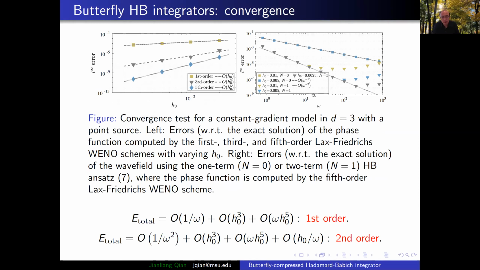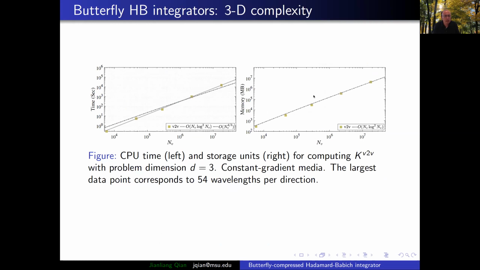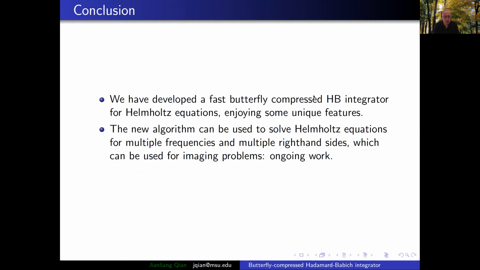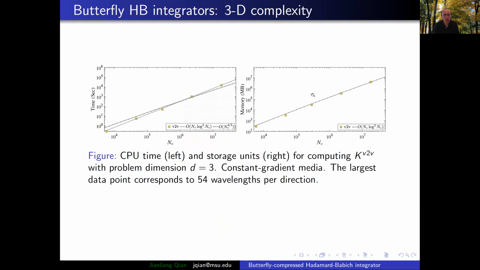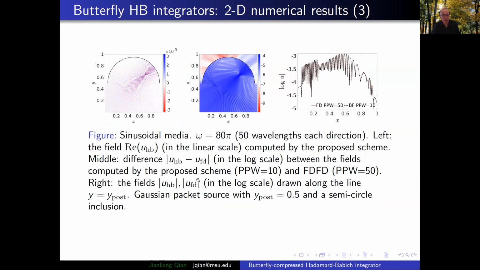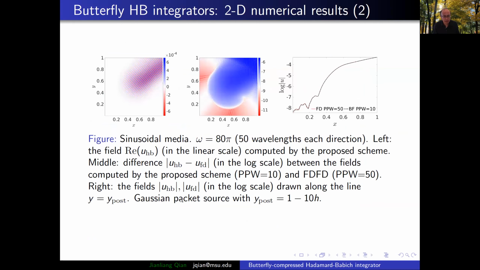Yes. If you have a Gaussian wave packet as the right-hand side, we can have a narrow beam. That's no problem.